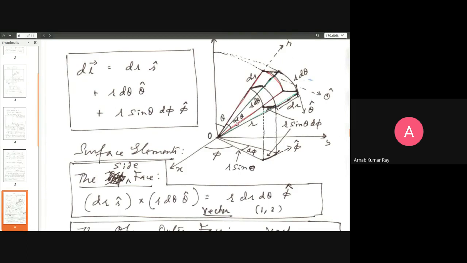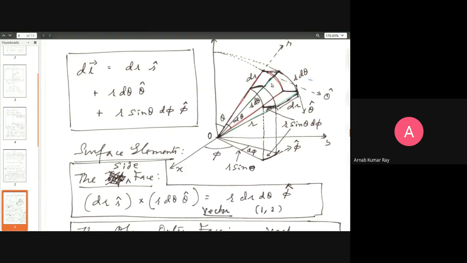And so if this is d theta, then this curved length shall be r d theta. Now, if that is r d theta, then this thing will be r plus dr into d theta. But you neglect that dr with respect to r, and you write this curved piece as nearly equal to r d theta. So that is how you write it.